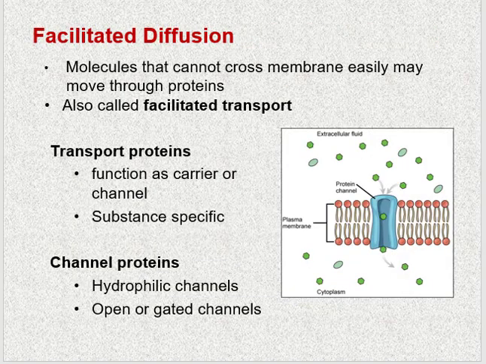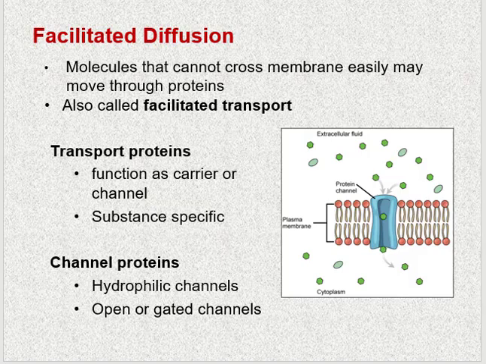Another type of passive transport is called facilitated diffusion or facilitated transport. With this type of movement, materials are able to diffuse across the plasma membrane with the help of membrane proteins. So in order for this to work without the expenditure of energy, a concentration gradient has to exist, meaning that there is a heavy concentration of the molecule moving on one side and a low concentration on the other.